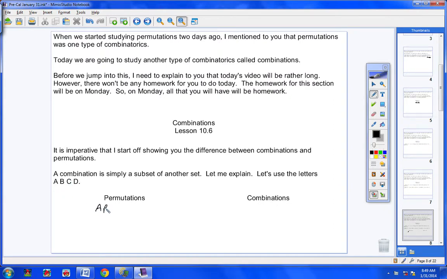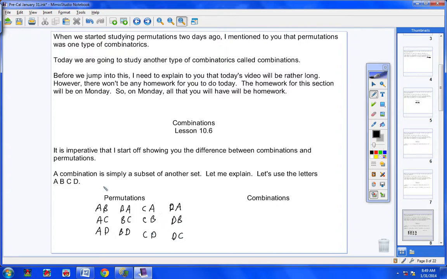It would be AB, AC, AD, and then if B came first, BA, BC, BD, and then if C came first, it'd be CA, CB, CD, and then if D came first, it would be DA, DB, and DC.